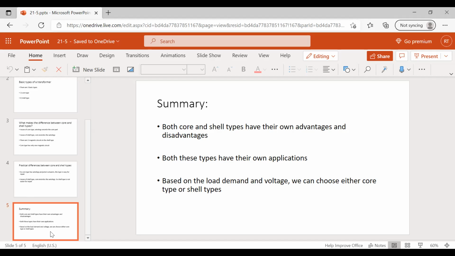When it comes to cooling, cooling of the core type of transformer is very common. It is a natural way of cooling because the windings which carry the current are projected outwards.